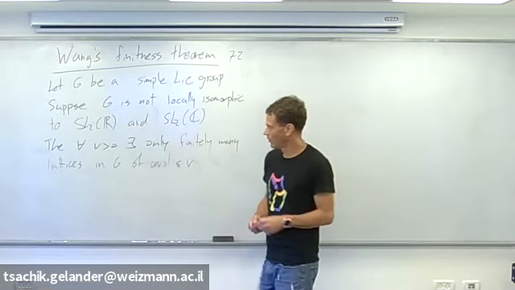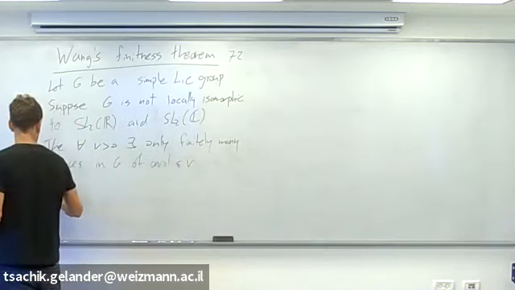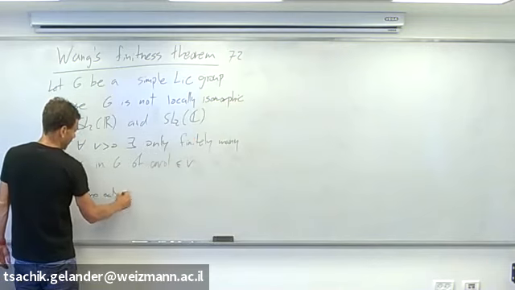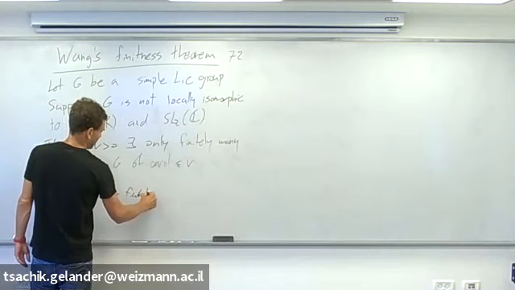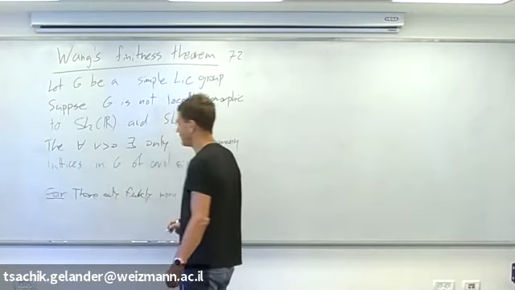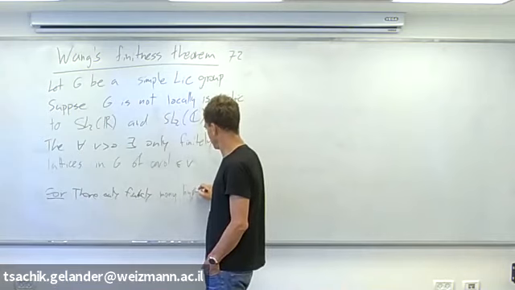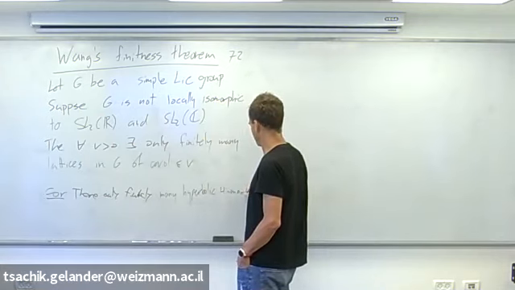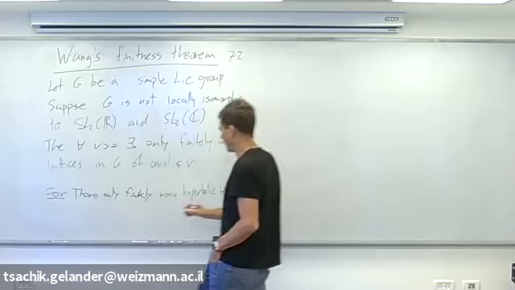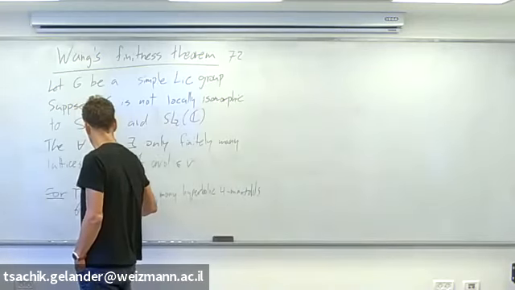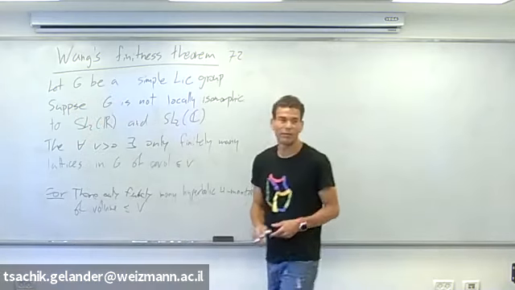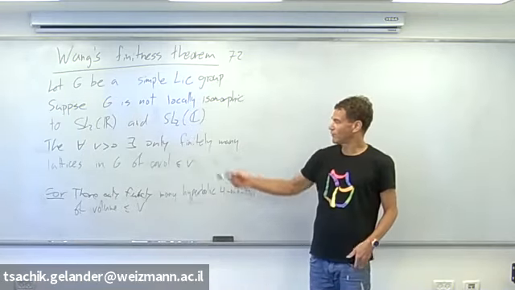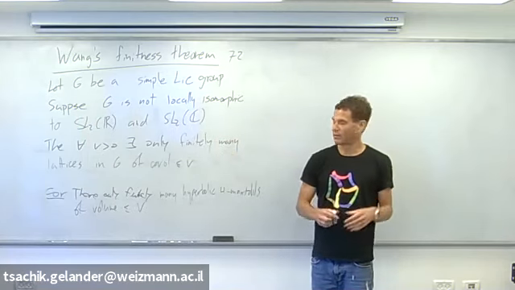In particular, it follows, as an example of a corollary, that there are only finitely many hyperbolic 4-manifolds of volume at most V. For every V, there are only finitely many complete hyperbolic manifolds of volume less than V. This is not true in dimension 2 because you have Teichmüller theory.